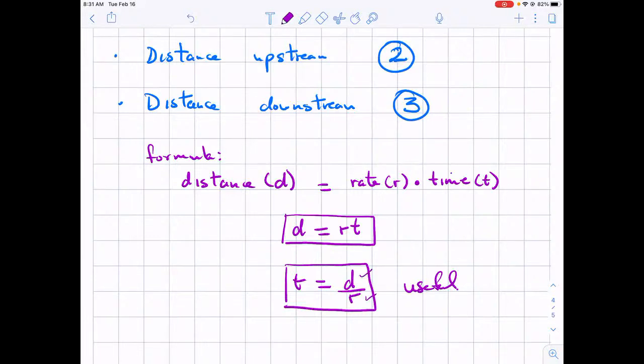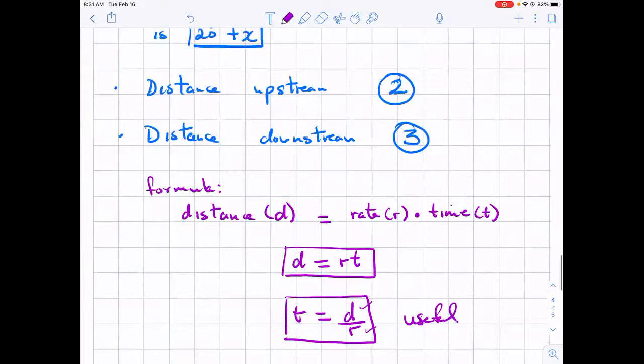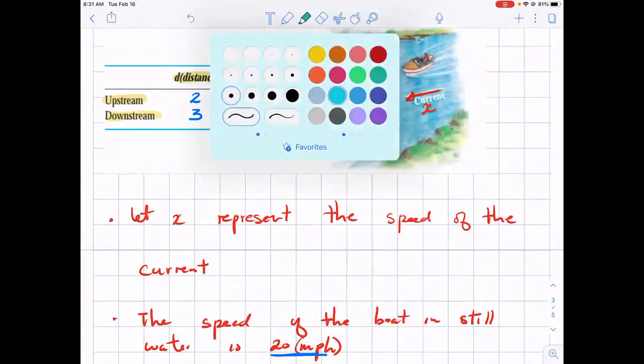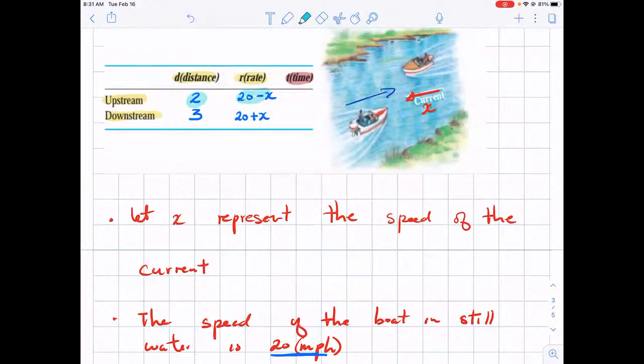So going back to our table, for the first part, the time would be 2 over 20 minus x. That will be the time for upstream. And for downstream, it will be 2 over 20 plus x.